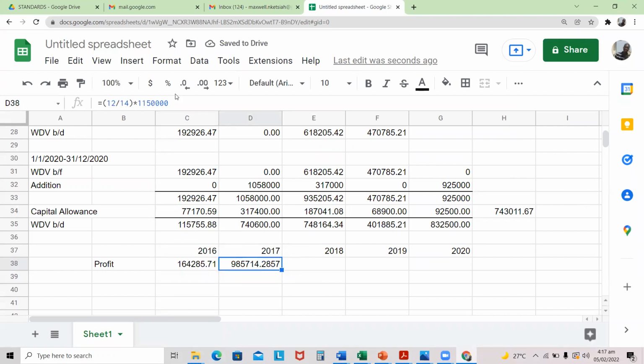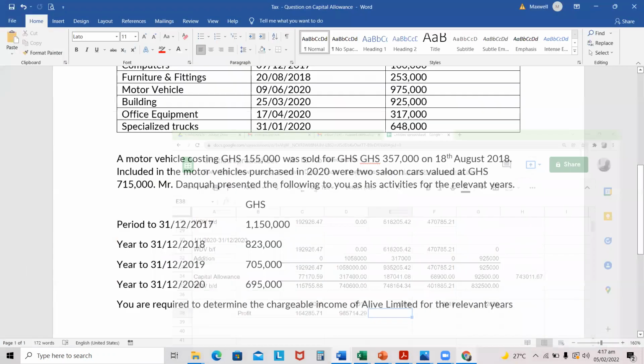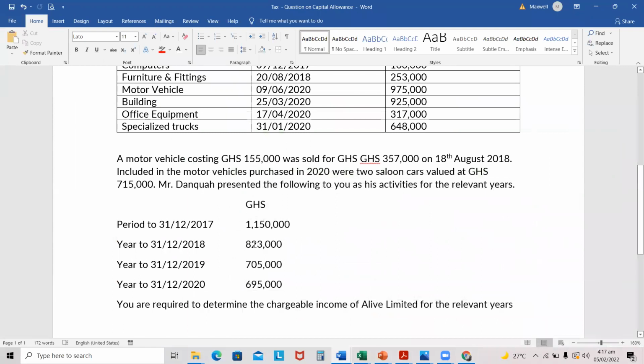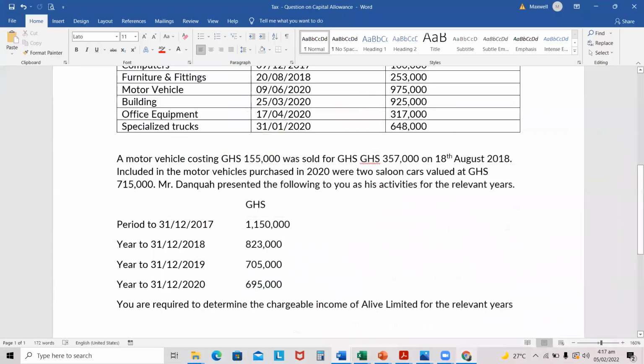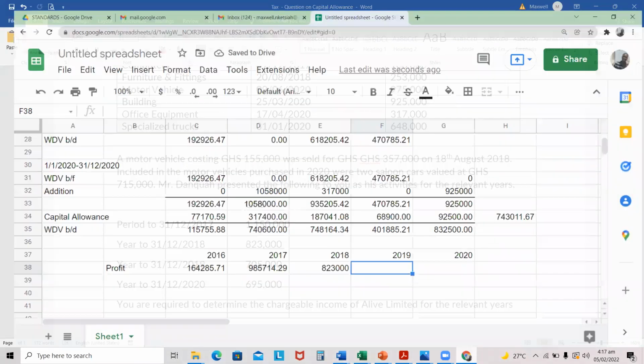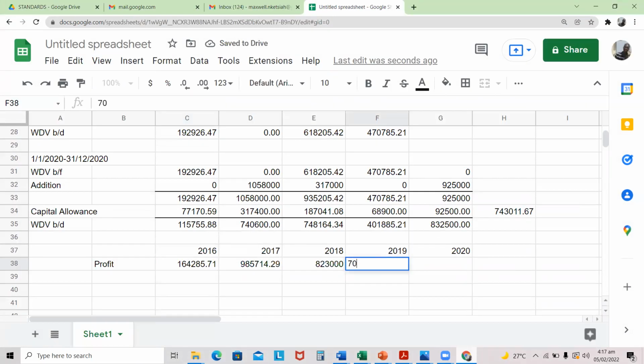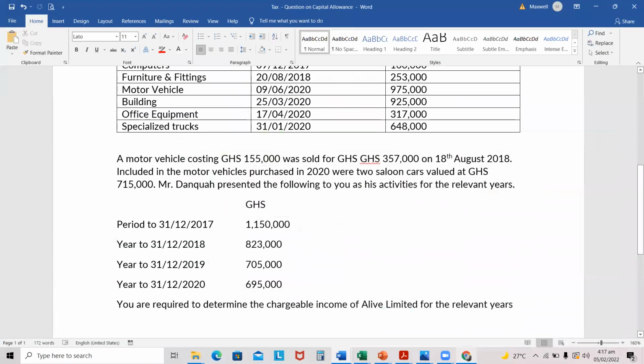Get this. Okay, now the rest are full years. So 2018 is 823,000. 2019 is 705,000. 2020 is 695,000.